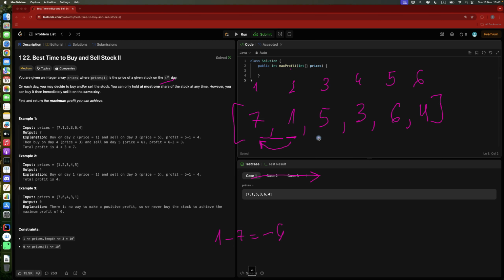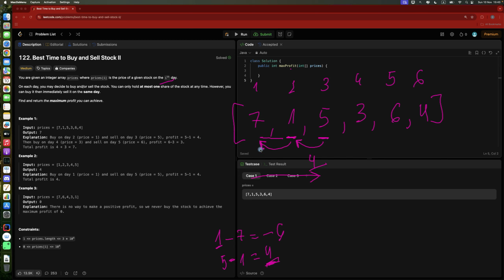When I'm at index 2 at day 3, I look at the previous element and I see here 5 minus the previous element, which is 1, equals 4. I can get 4 profit. And I will buy here and sell here, but we are looking backwards, right? Okay, here we made one transaction and we have 4, right?